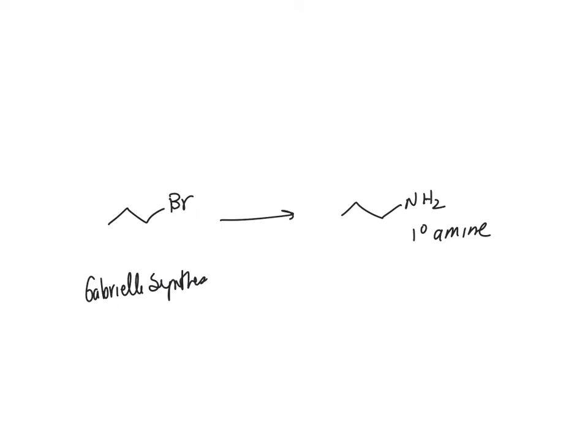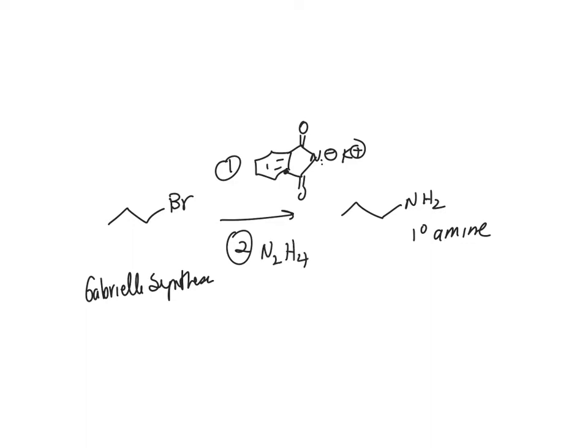Okay, it's a great synthesis, and that means you use potassium phthalimide salt. You can actually buy this salt, potassium salt. If you actually put a hydrogen there, then you better add a base, because you've got to get this imide nucleophile, and then you're going to treat it with hydrazine and heat.